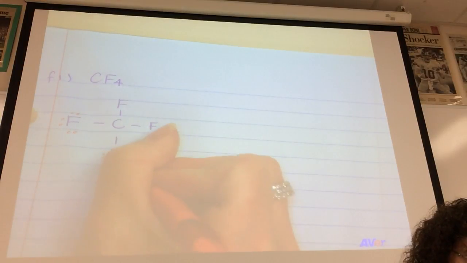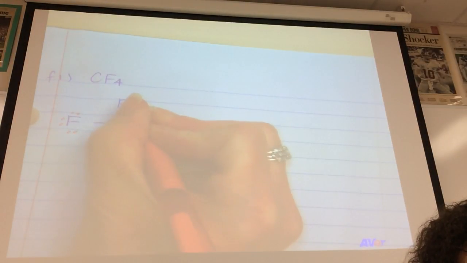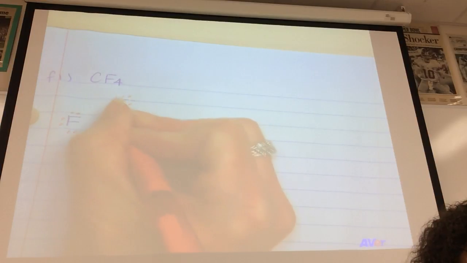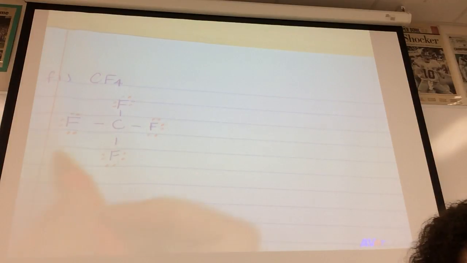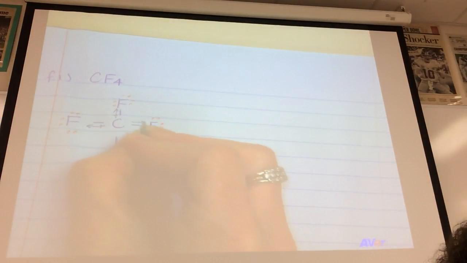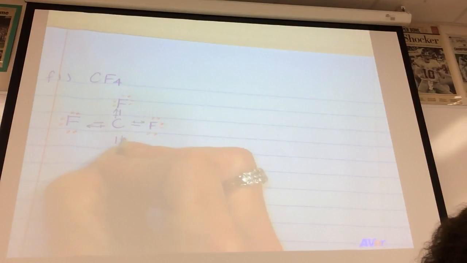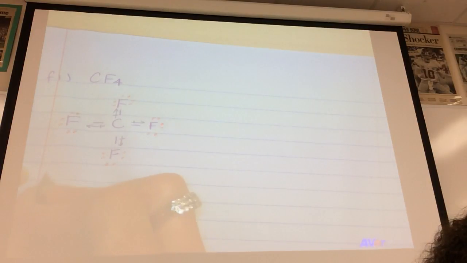If one parent pulls on an arm, another parent pulls on an arm, a sibling pulls on a leg, another sibling pulls on a leg, if they're all pulling with equal force, the kid doesn't go anywhere. So what you have here is the dipoles are equal but opposite in terms of their direction, and as a result, the dipoles cancel.